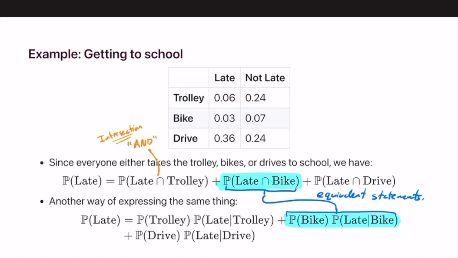Like if we sampled 100 students, 36 of them said they drove and were late, and 24 said they drove and were not late. Every one of those students we sampled has to be in one of these boxes, and particularly one of these partitions, right?